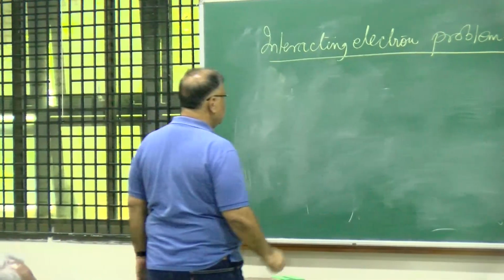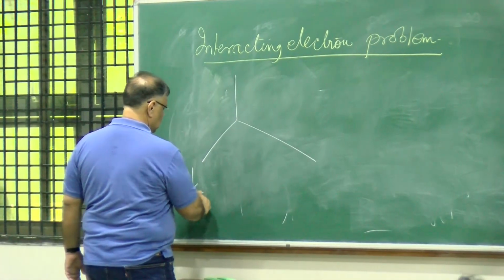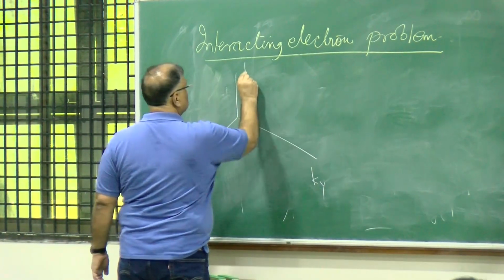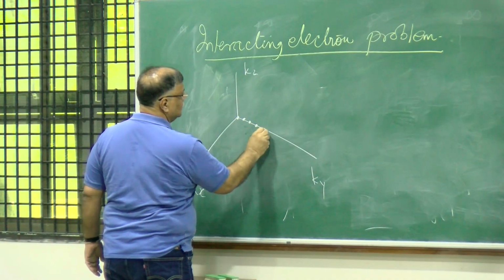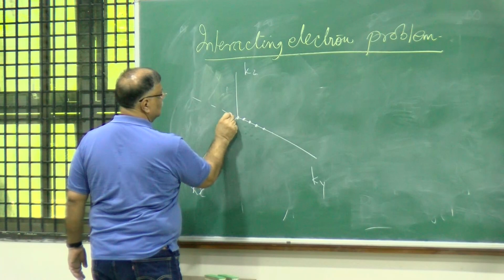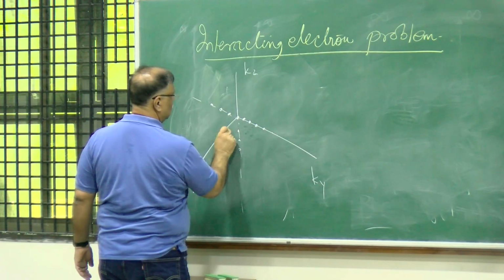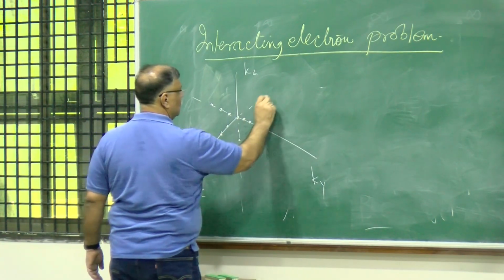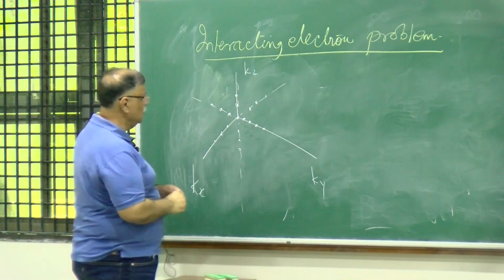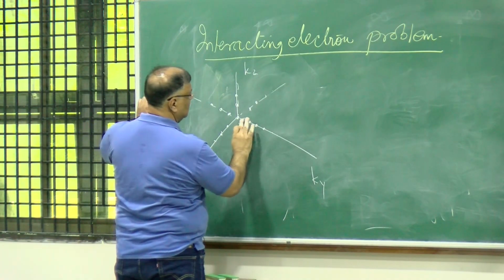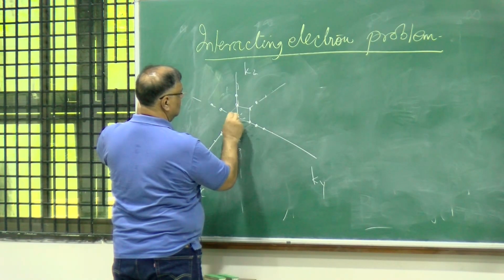So if I look at it in 3D, this is Kx, Ky, Kz. For every 2 pi by L, there is one state, on both sides. And then obviously you can make this box also.